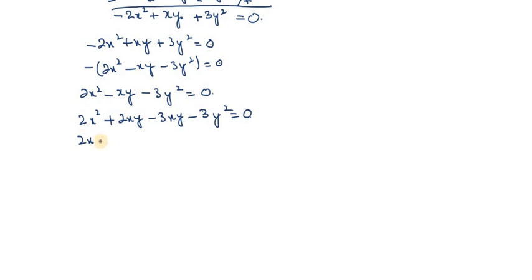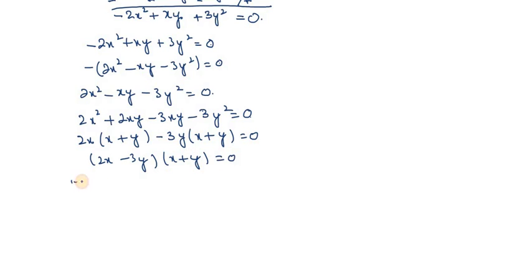We take 2x common, x plus y, and 3y common, x plus y. So 2x minus 3y and x plus y is equal to 0.